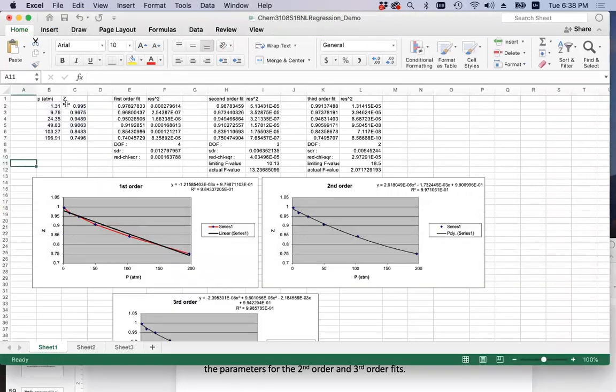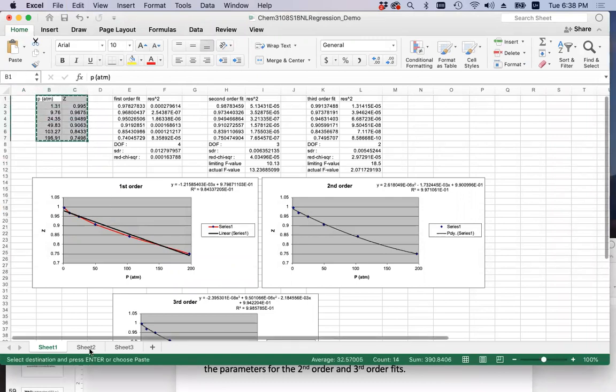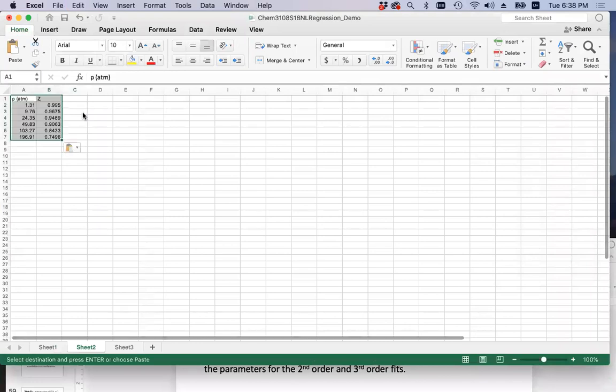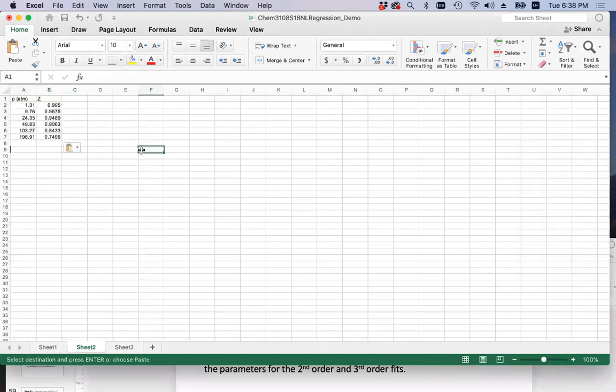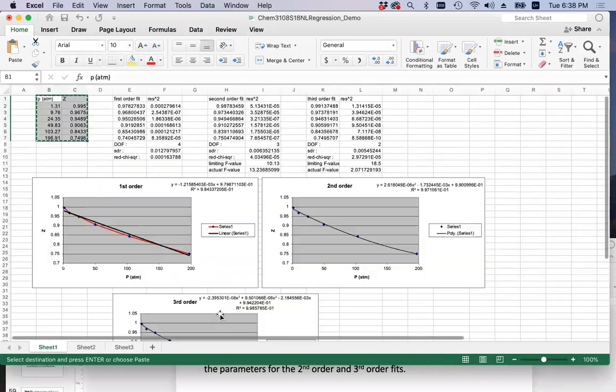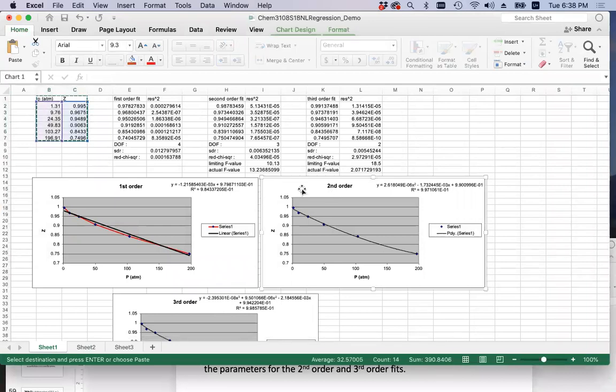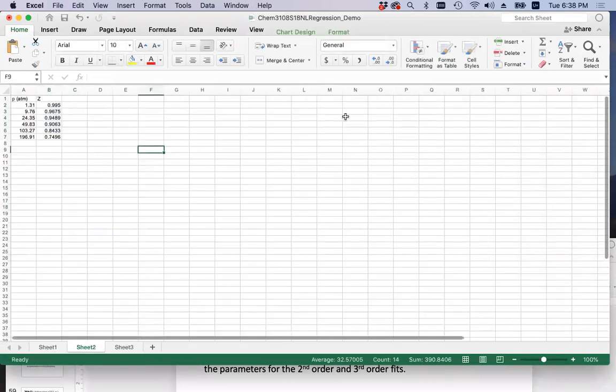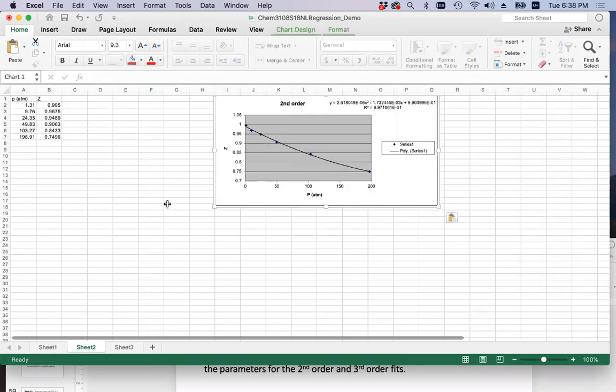I'm going to start a new sheet to do this. So I'll take the data that we had from before, copy it over to a new sheet. I'll also copy over the second order graph so that we have it for reference, so that we can see what the fit parameters were and what the R squared value was.